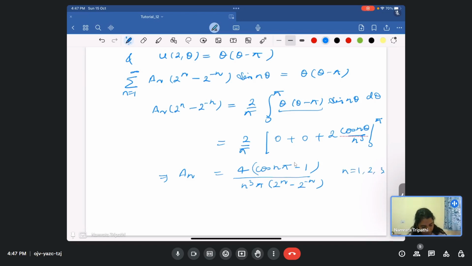So from here we can observe that at every even value, An is 0, A2n is 0, because cos nπ will become 1. But for odd n it will become 8 upon n cubed π (2^n minus 2^(-n)).